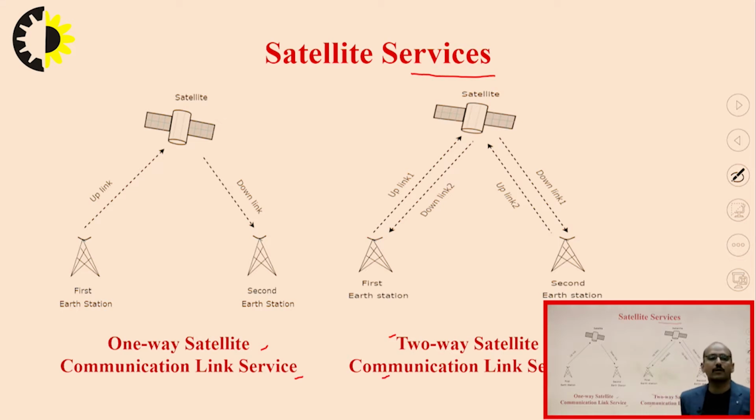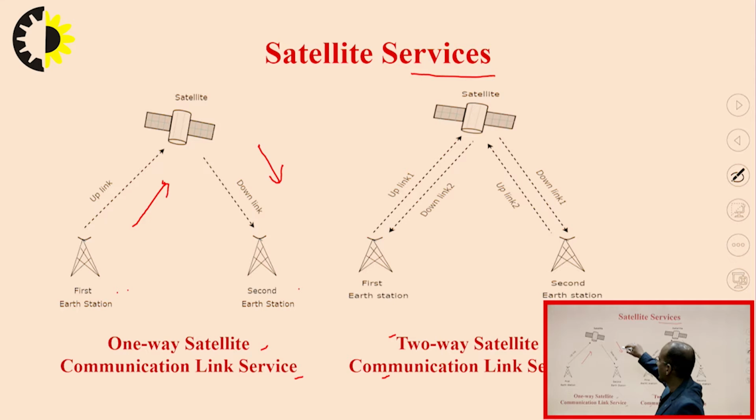When we are talking about the one-way satellite link service, you can easily see it in this diagram. This is the first earth station, this is the second earth station. This earth station is only sending data to the satellite, meaning there is no downlink, and that satellite is sending that data to the second earth station only.